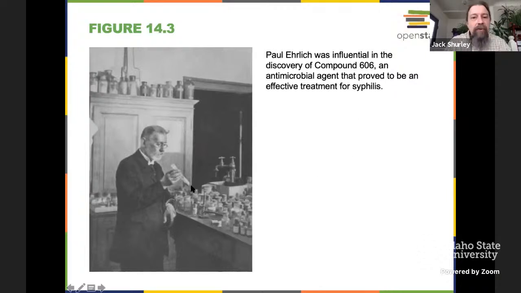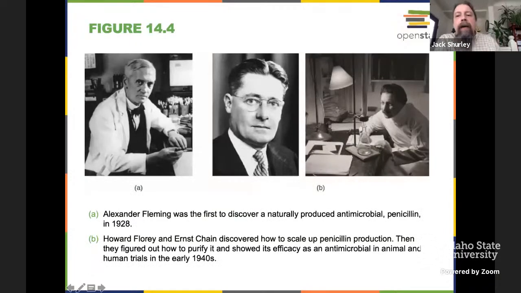So interesting. And so one of the initial things that we think about, and again, I didn't go through and look into compound 606 to see the respective details as far as what that was.